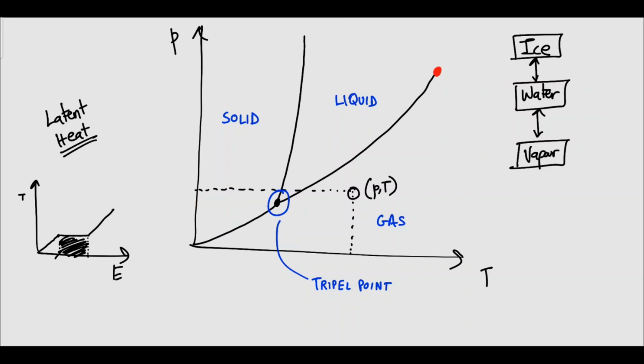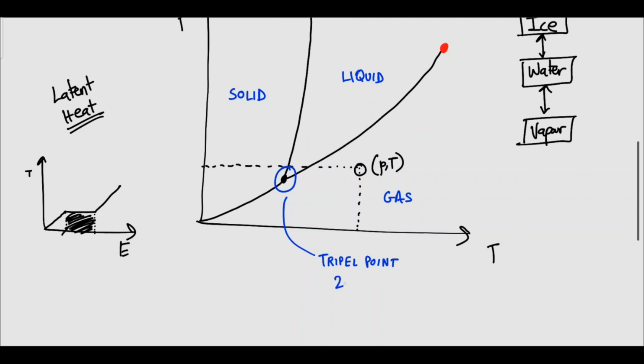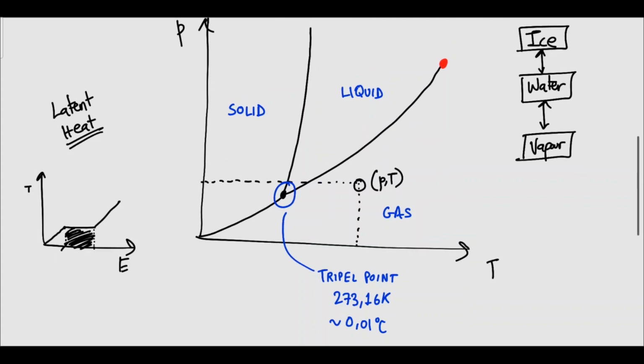For water, it is around 273.16 Kelvin, or around 0.01 degrees Celsius. I wrote both units, since I do not know which units you would be using. And the pressure is around 0.006 bar, which is basically 6 millibar. So at this exact point, one can find water in ice, liquid water and vapor form together.